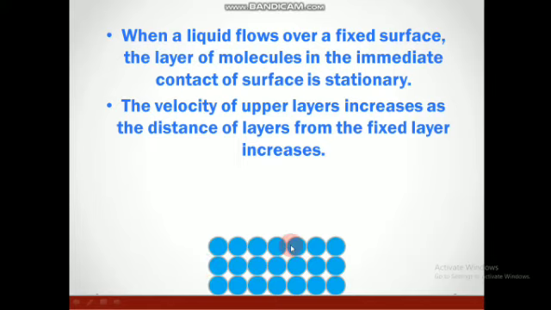This layer is far from the stationary layer, so it will move faster than the first layer. As it has lesser interaction, this will move faster. So if there are more layers at the top, they will have more speed than these. As the distance from the stationary layer increases, their velocity also increases.